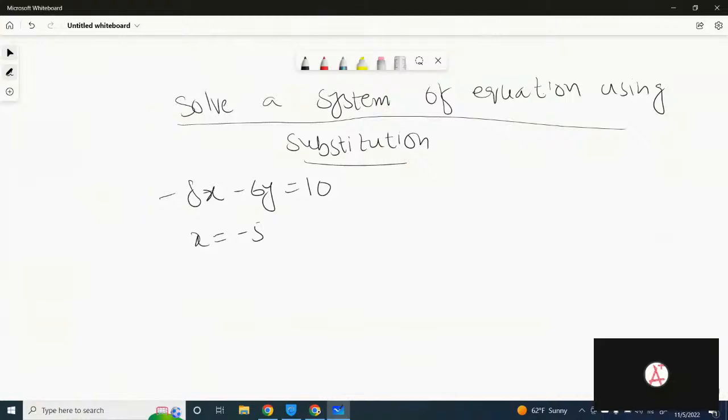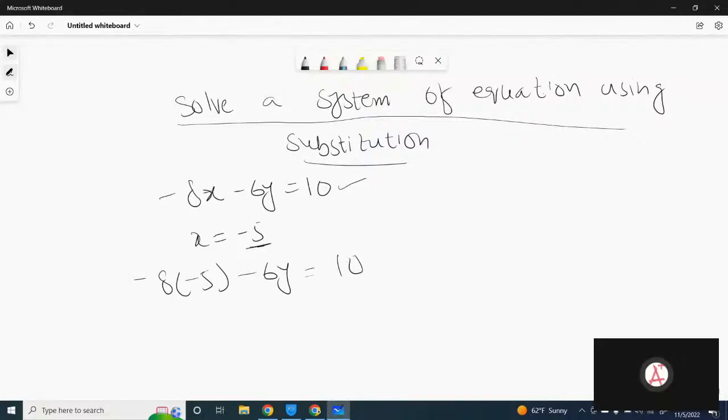So you have to substitute this value x equals negative 5 in this equation. Got it? So just replace the x with the value: negative 8 times negative 5 minus 6y equals 10.